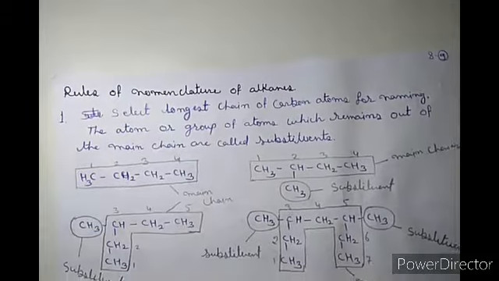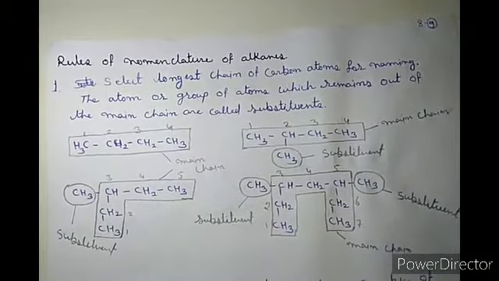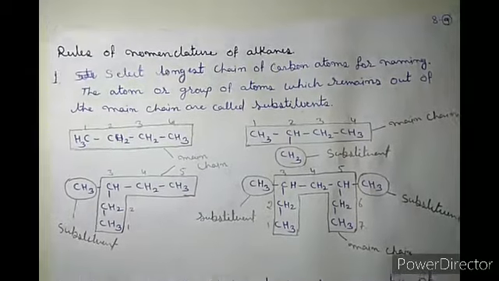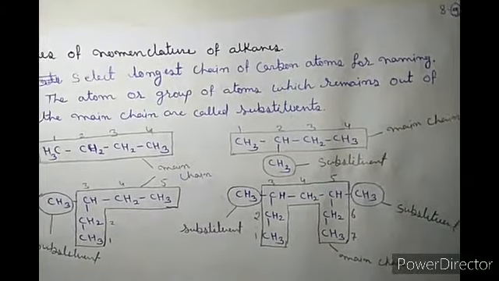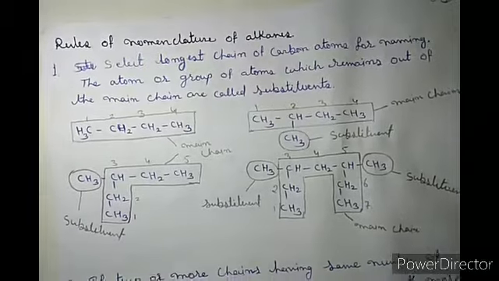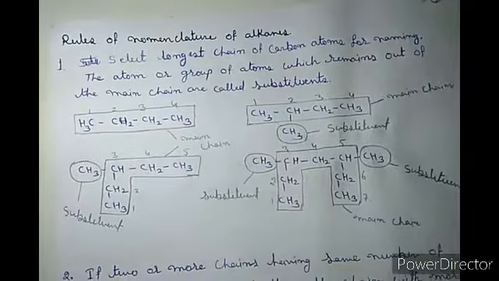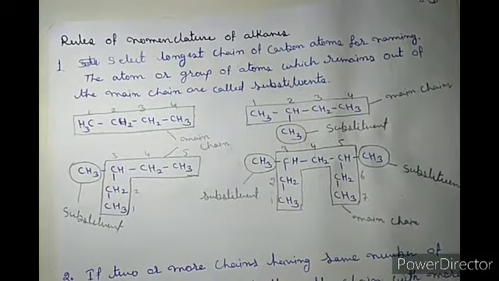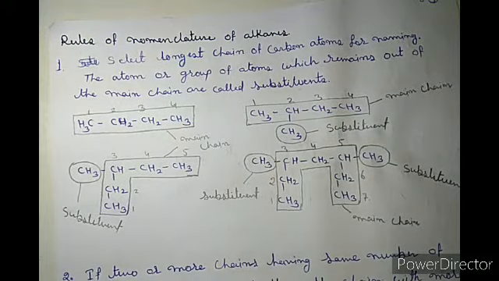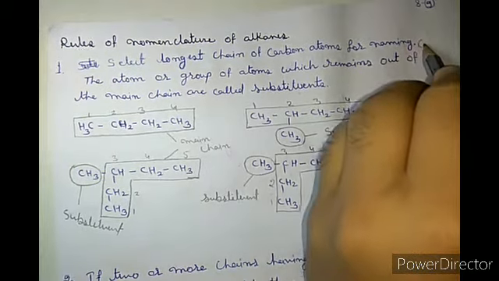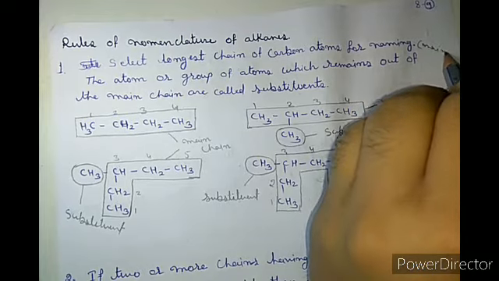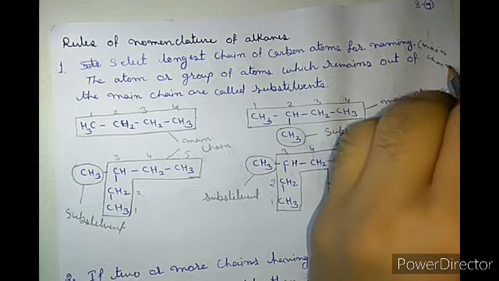Now, after that, let me discuss the rules of nomenclature of alkanes. The first rule is to select the longest chain of carbon atoms for naming. It is called the main chain.